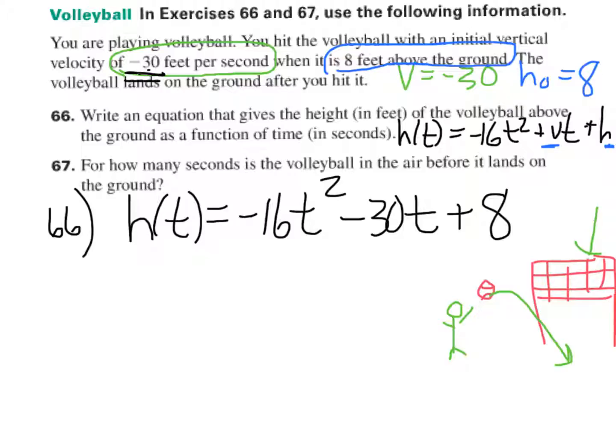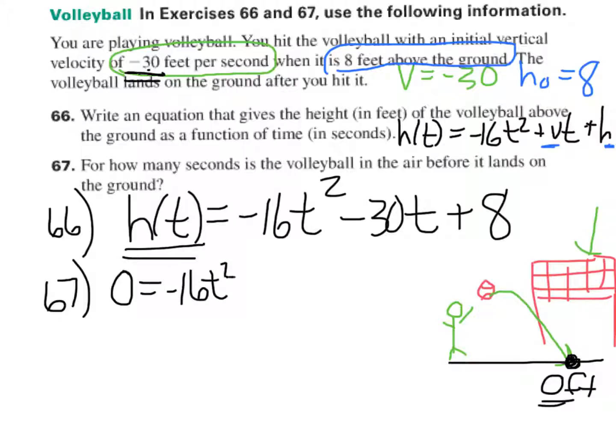Then it's going to hit the ground right here. So the question is, how long is it going to be in the air until it hits the ground? The ending height is going to be 0 feet when it hits the ground. So for number 67, the ending height is 0.